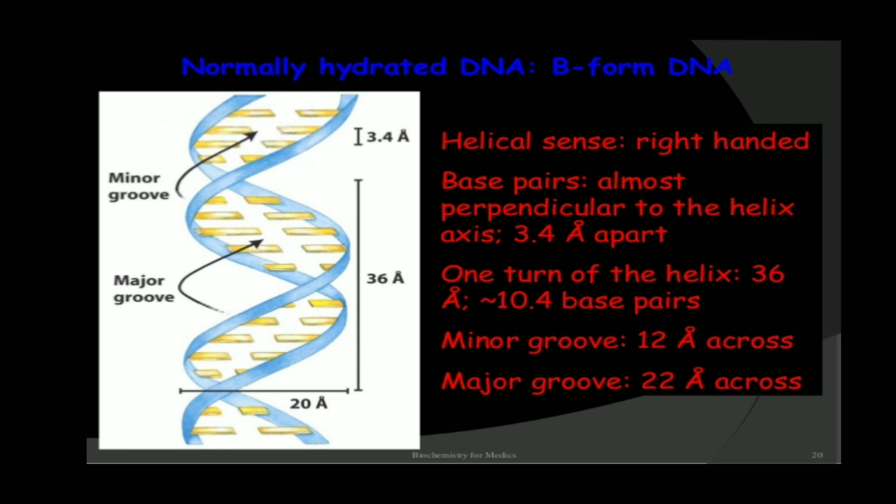One turn of the helix shows 36 angstrom units in length, which is about 10.4 base pairs. The major groove size is about 12 angstrom units, the minor groove is about 12 angstrom units, and the major groove shows 22 angstrom units.